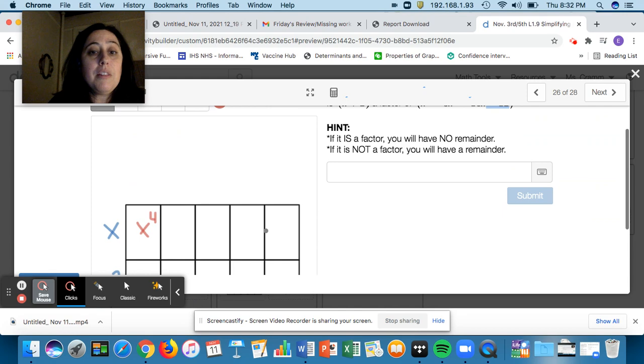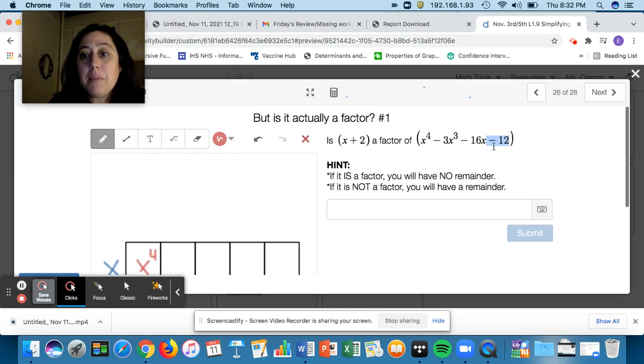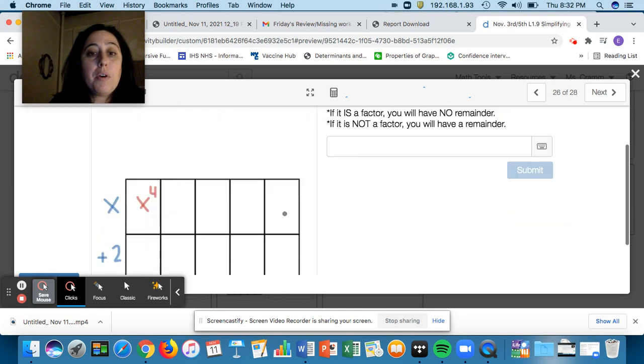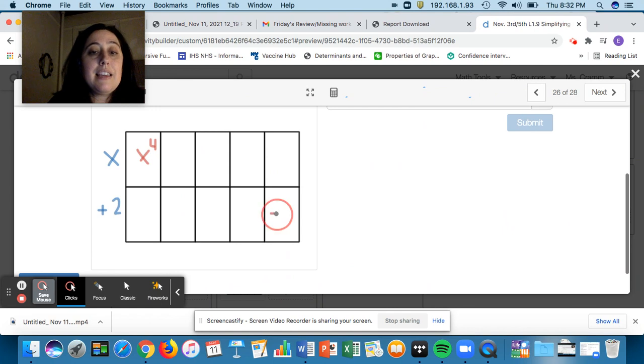So this should be negative 12. Again, here is negative 12, and this is what tells me, is it a factor or not? If I go through this whole process and get negative 12, x plus 2 is a factor.